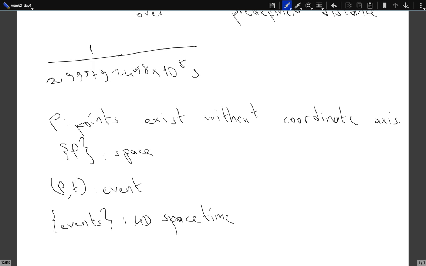When we see the stars, what we are actually seeing is not the current state of that star, but the state of the star at least 4 years ago. That's a different issue. But I can talk about the position of the star now. I can talk about your position now. So these two things have the same T, but different P's.